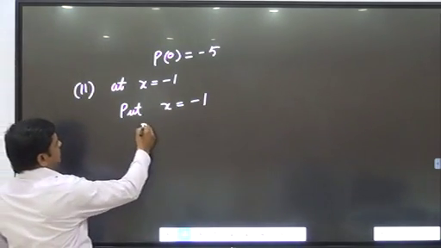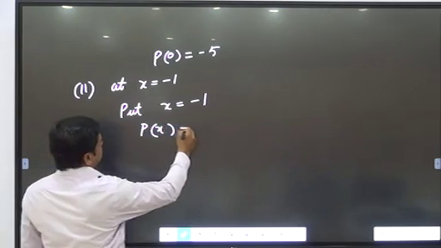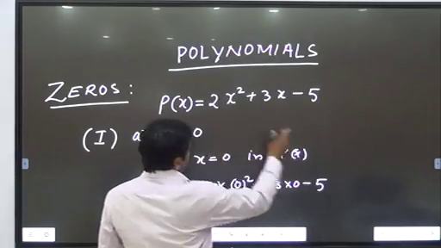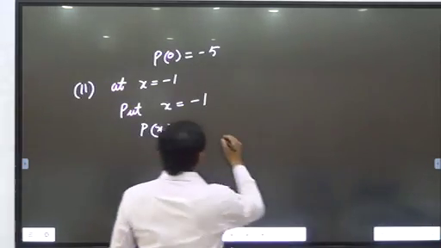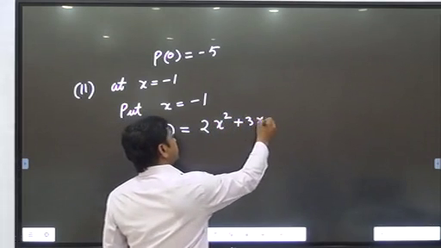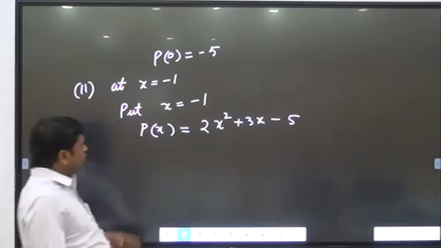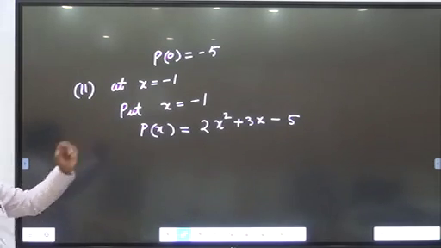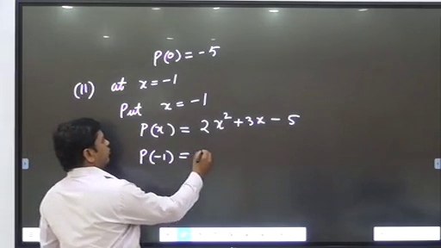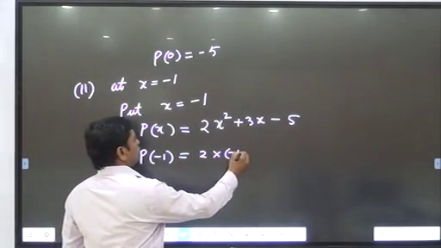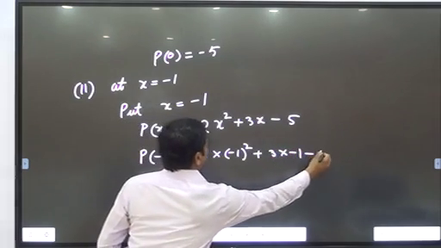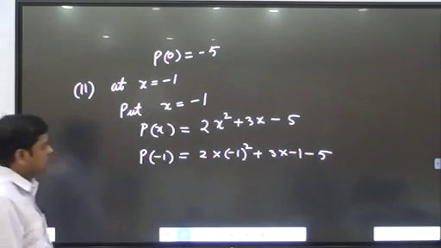P(x) is 2x square plus 3x minus 5. On putting x equal to minus 1, P(minus 1) equal to 2 into minus 1 square plus 3 into minus 1 minus 5.